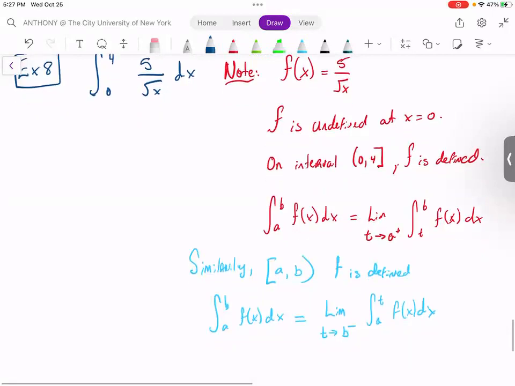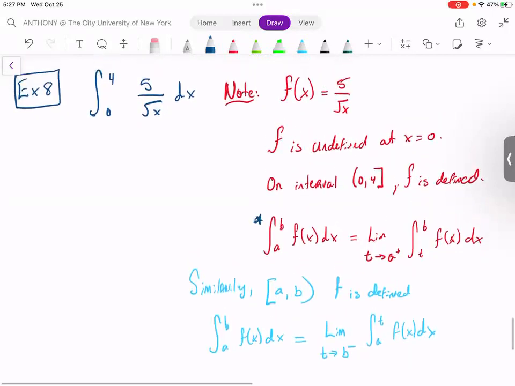I could rewrite it using this rule here, which I put a star on. We have the limit as t approaches 0 from the right of the integral from t to 4 of 5 over the square root of x, or x to the 1/2.